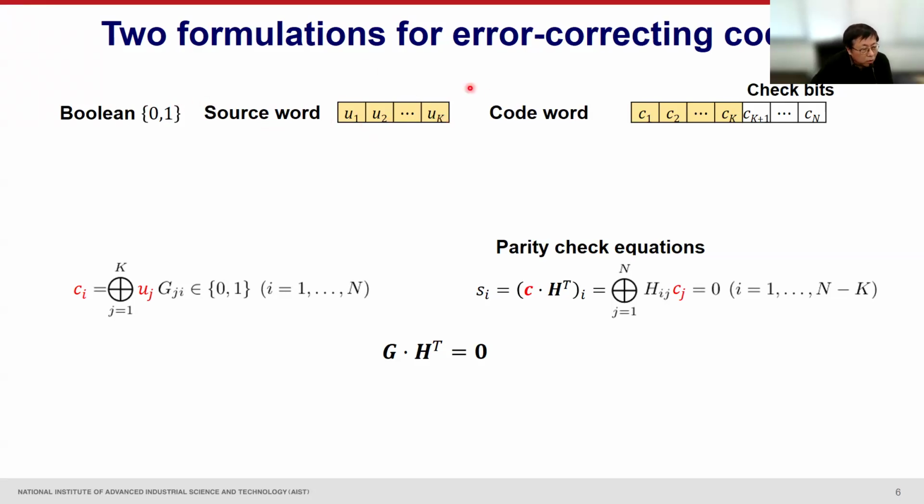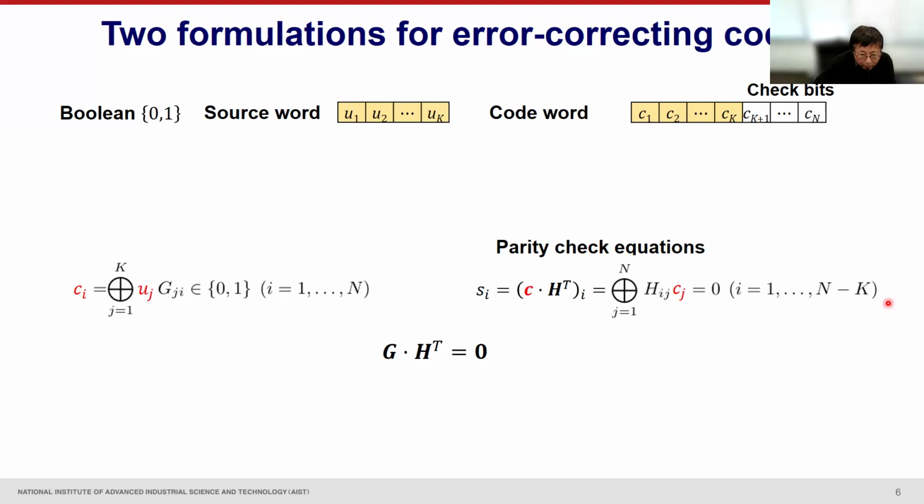We call this the source word. The source word is supplemented with redundant check bits and forms the code word C. The check bits satisfy the parity check.